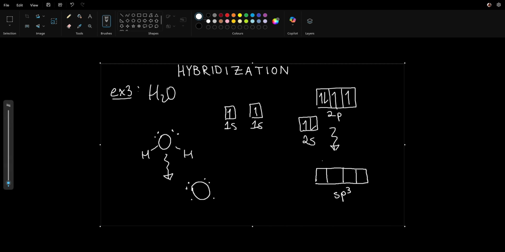And then now we have to use Hund's rule again and say, how many electrons do we have in these? We have 1, 2, 3, 4, 5, 6. So we have 6 electrons to fill up. So let's just use Hund's rule, 1, 2, 3, 4, 5, 6. Right? Well, this actually aligns perfectly with our oxygen here.